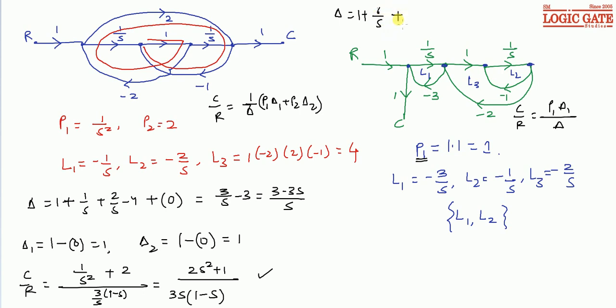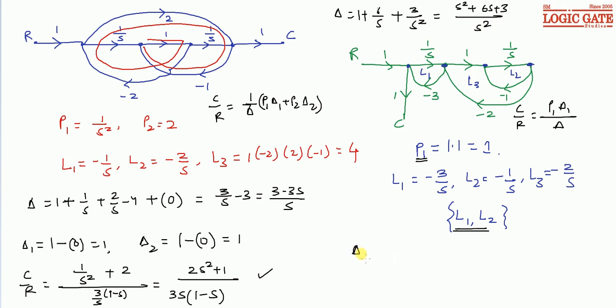Then plus sum of product of gains of all pairs of two non-touching loops. L1 and L2 are non-touching. So the product of gains is 3 by s square. So del is basically s square plus 6s plus 3 by s square. This is del for this signal flow graph.